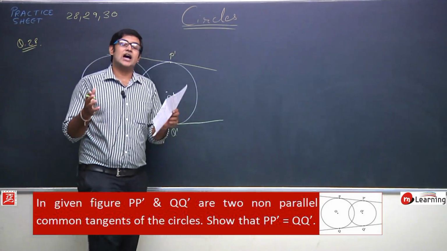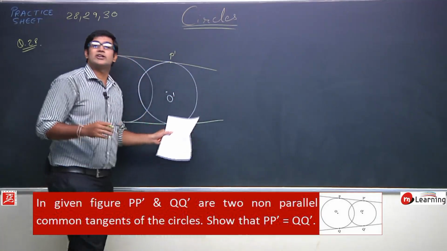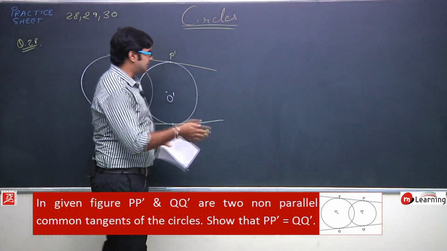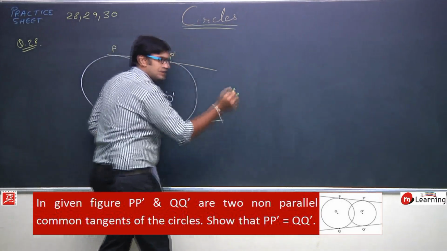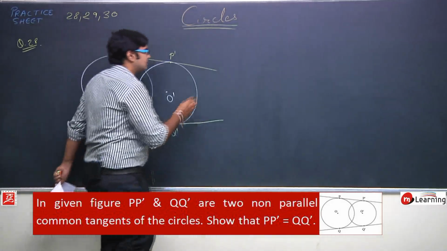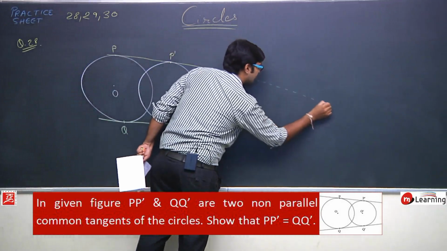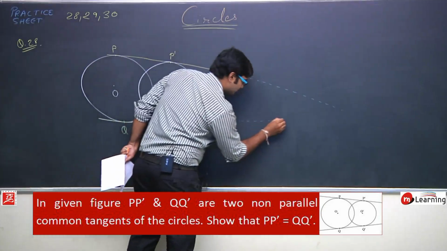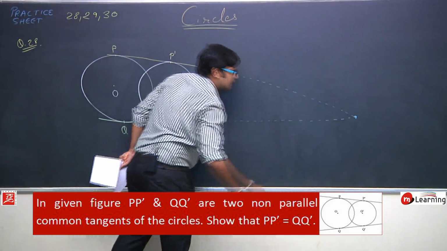If two lines are non-parallel, the two lines are going to intersect each other at some point. You can see this line will go like this and this line will go like this, and they will intersect at a single point. So let us produce this line like this, and let us produce this line also. They will intersect somewhere here.